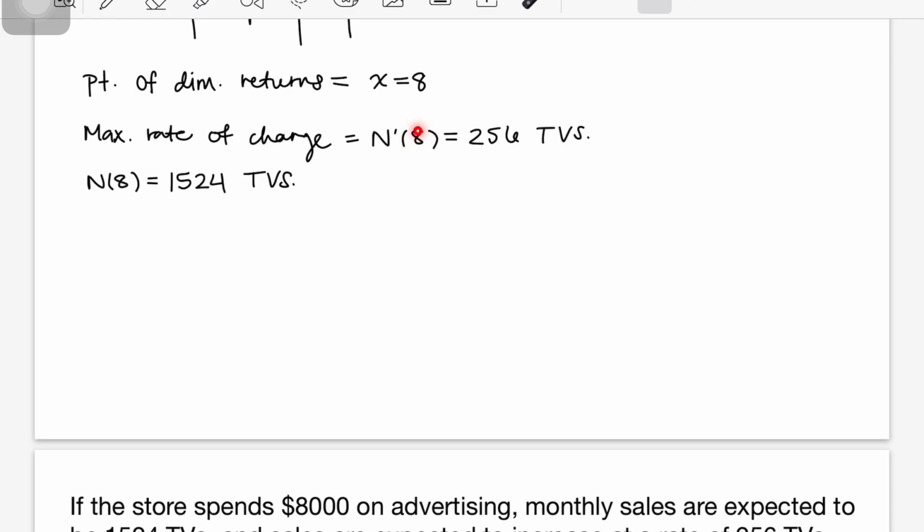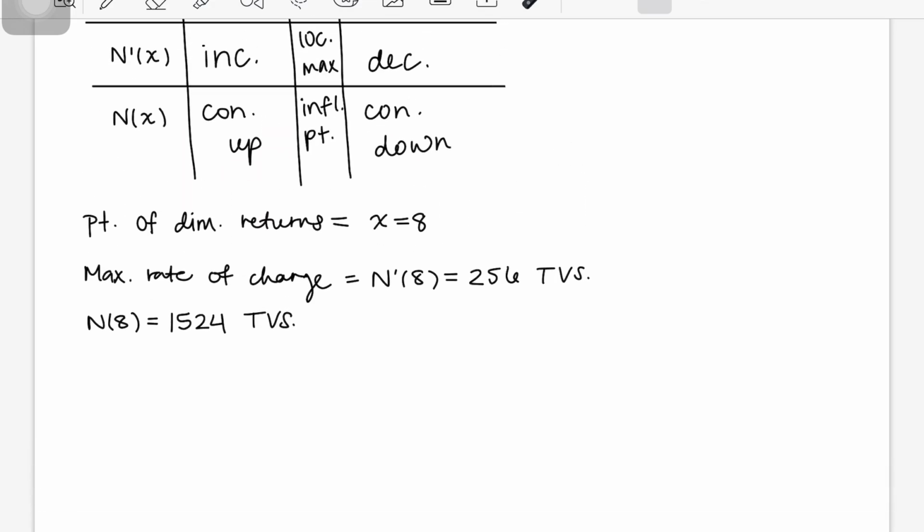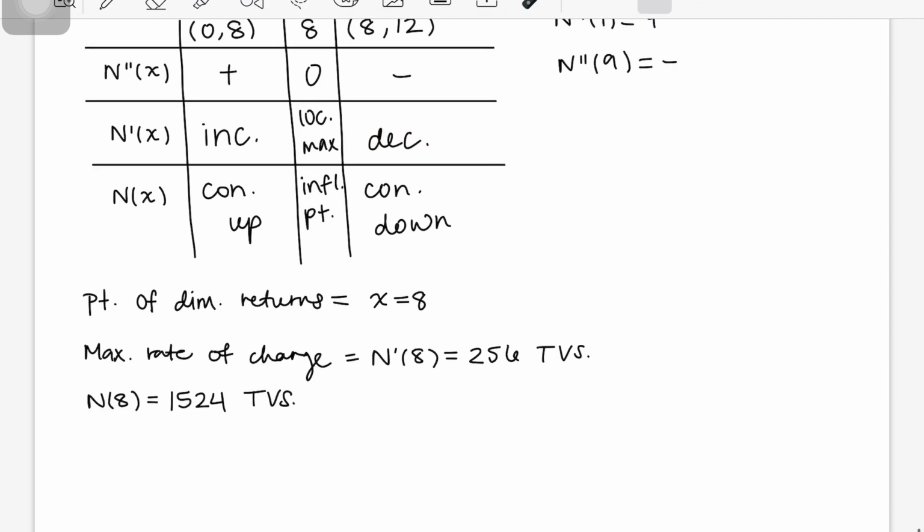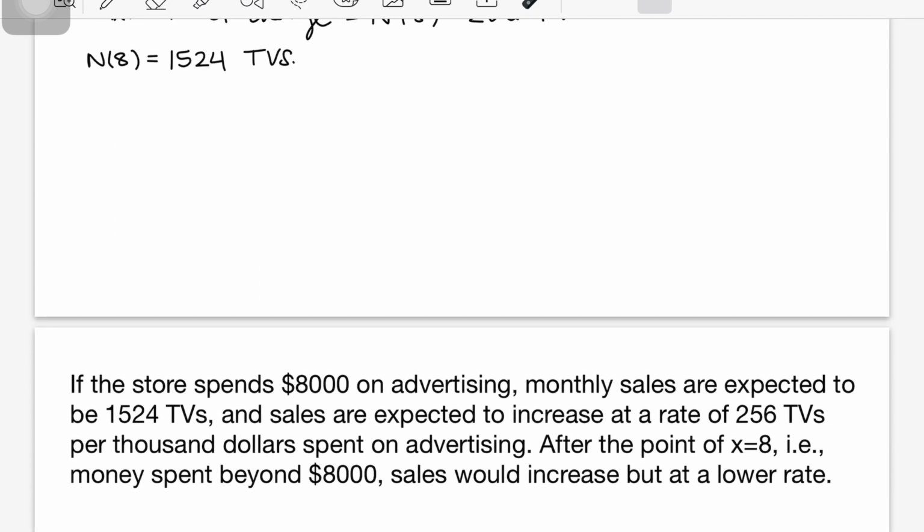So when we spend this much on advertising, we're increasing at this rate here. However, after the point x equal to 8, after this point of diminishing returns, we see that our rate of change starts to decrease. So sales would increase, but at a lower rate.